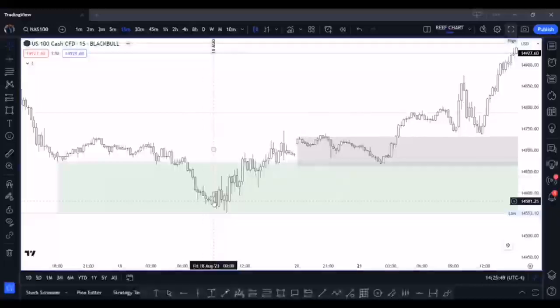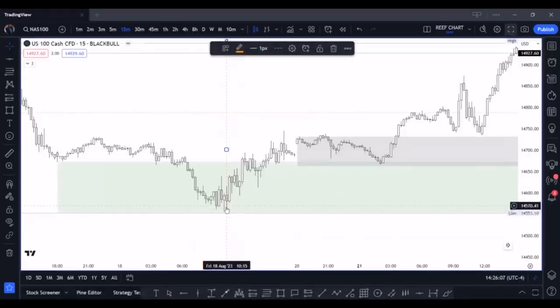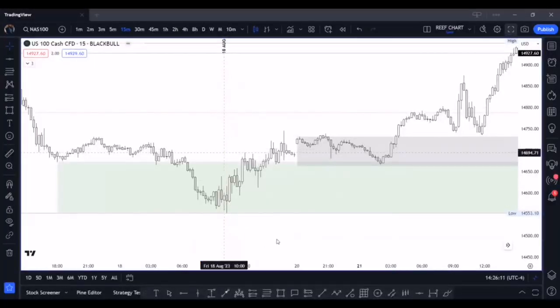So this was 9, then the reversal condition happened at 10:15, so this was 10. This is still the 18th of August. We made a reversal condition in the market right over there.